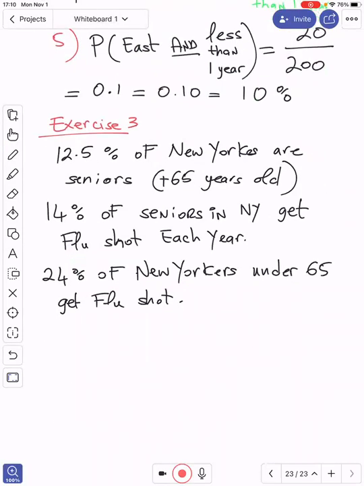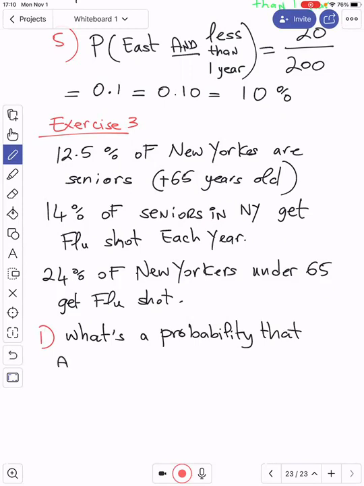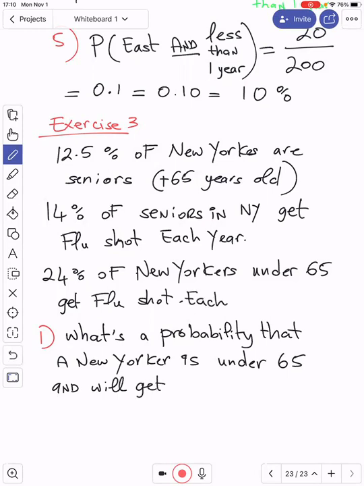So yeah, the question, guys, is the following. A1, what's the probability that a New Yorker selected is under 65 and will get a flu shot each year? 2, same question.